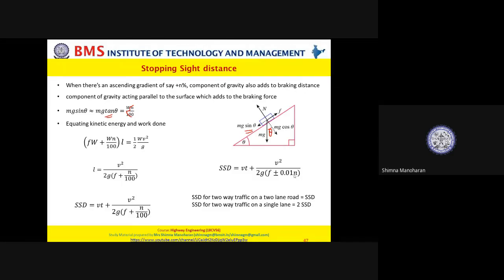Is that clear? Now if you're taking SSD for two-way traffic on a two-lane road, the diagram will look something like this. You have a two-lane road, that means you have vehicular traffic in both directions. In this case, SSD is nothing but whatever SSD you compute.